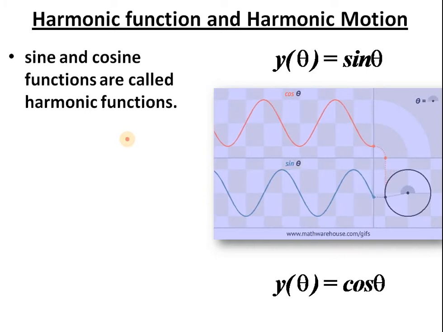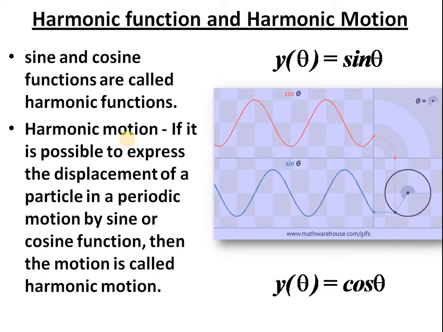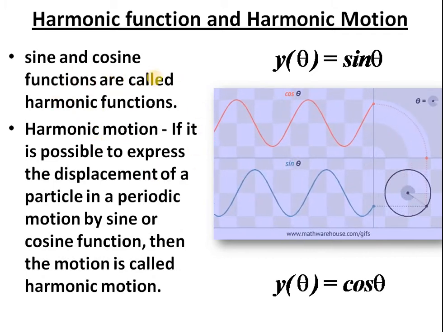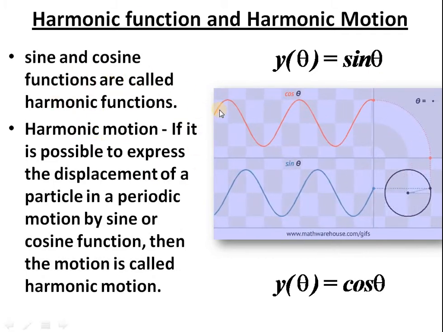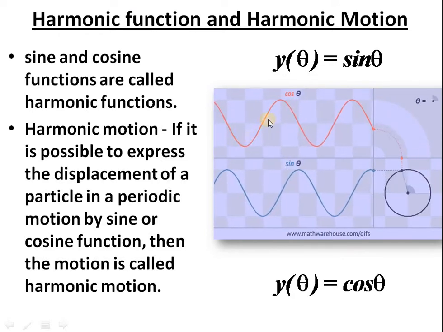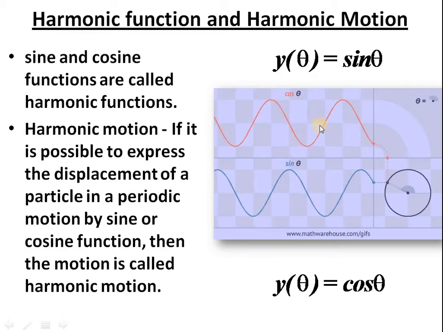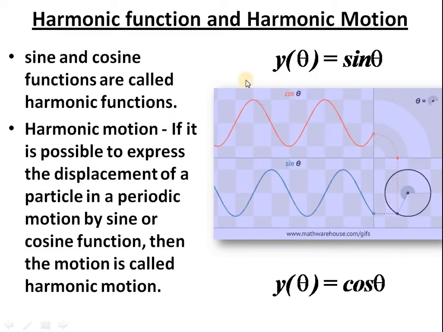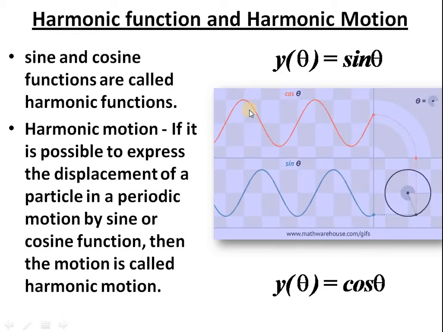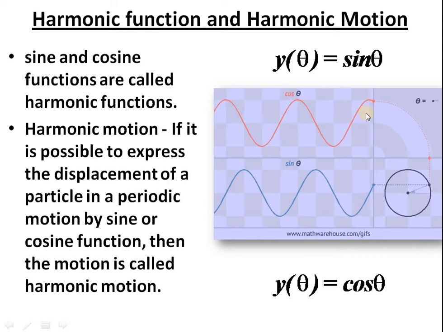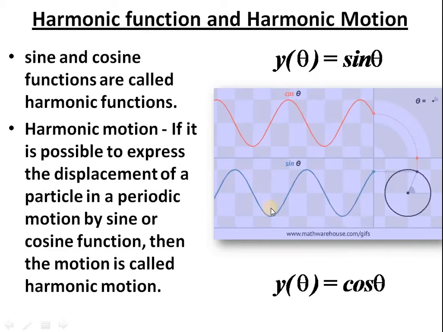So what is the role in our context? In our context, when you plot the displacement or position of an oscillating body with respect to time, you will get a similar graph. You can plot the time along the x-axis, or horizontal axis, and displacement along the vertical axis. So what you get will be a plot like this, either a sine curve or a cosine curve.